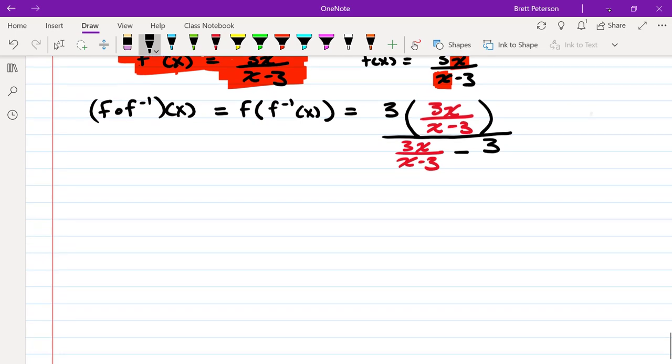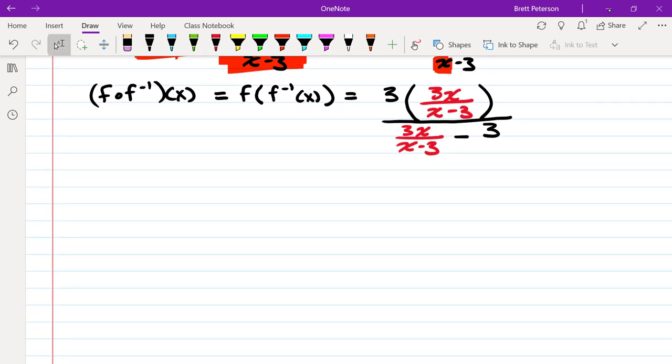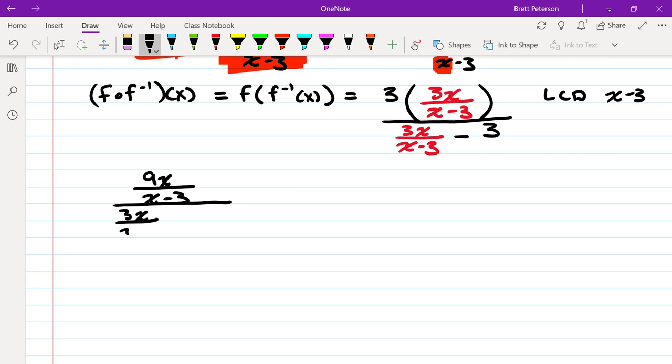Okay, well now I need to simplify this down a little bit. So I have a compound fraction, and I notice that my LCD for all of my fractions is x minus 3. So to simplify this up a bit, I'm going to do 3 times 3x in the top gives me 9x all over x minus 3 divided by, I have 3x over x minus 3 minus 3.